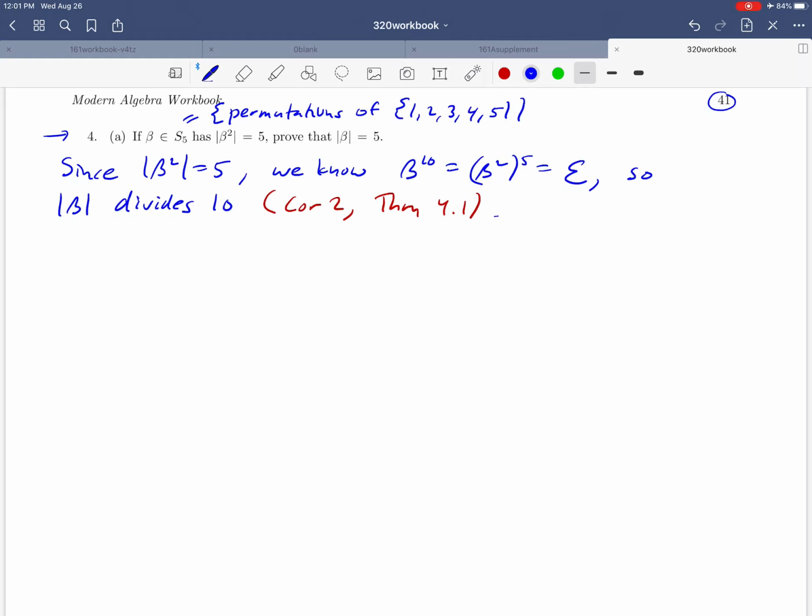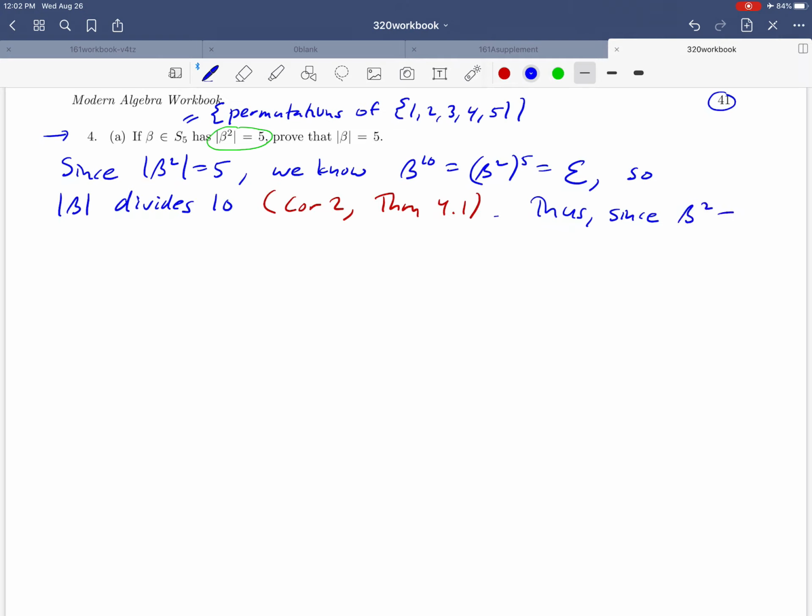We essentially need to rule out 1, 2, and 10, because we want to show that the order of beta is 5. And we can rule out 2 of those numbers almost immediately by noticing this statement that we started with. If the order of beta squared is equal to 5, we know that beta squared cannot be the identity. Because if beta squared were the identity, then we would know that the order of beta squared is 1. So let's start with that observation.